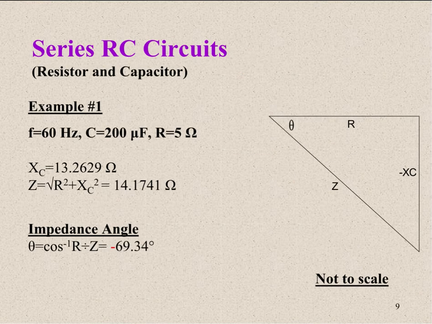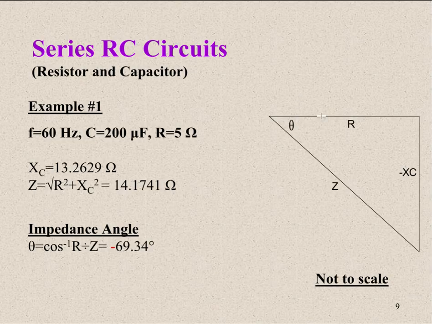Okay. Simple formula, RC. We have a capacitor and resistor in series, a 5 ohm resistor, a 200 microfarad capacitor, line frequency of 60 hertz. Calculate the X of C using the formula I showed you a bit ago, 1 divided by 2 pi FC. Calculate XL, or not, no XL, just RC. Calculate the impedance.